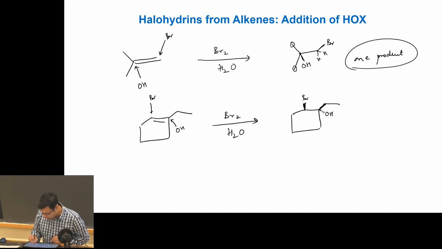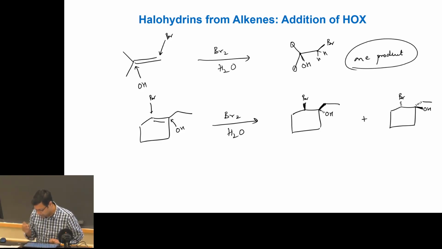So this bond would be up then. That is one product you'll form. The other product you'll form is its enantiomer. Halogen down here, OH up, which means this bond is down. Right. You'll form equal amounts of both these enantiomers, so you'll end up with a racemic mixture.